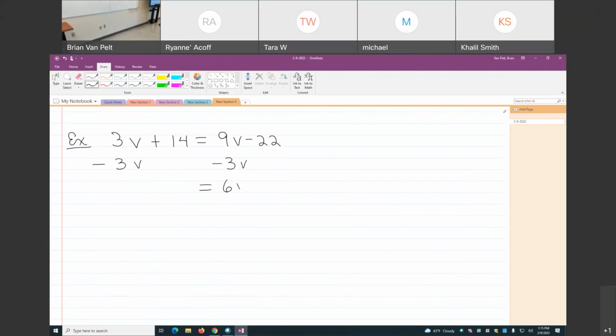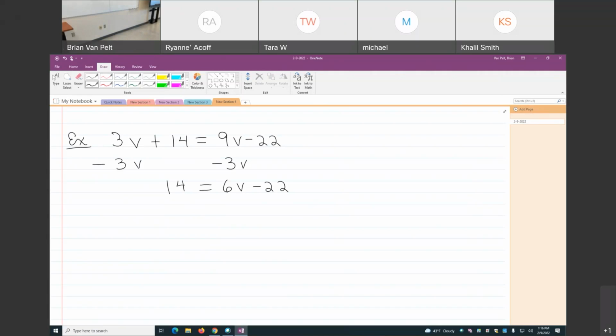I have 6b minus 22 is 14. Now that I did that one step, do you know how to solve it now? You should have ended up with b equals 6.